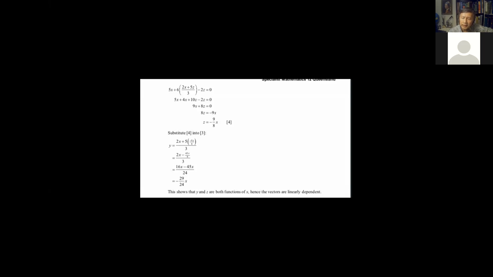Hence, the vectors are linearly dependent. Linearly dependent. So you have to show that because z is dependent on both. That is the criteria they use. Right.